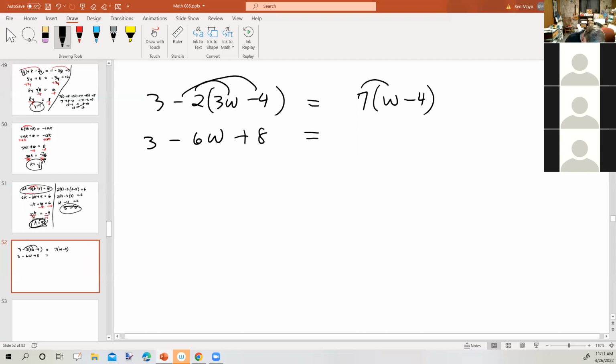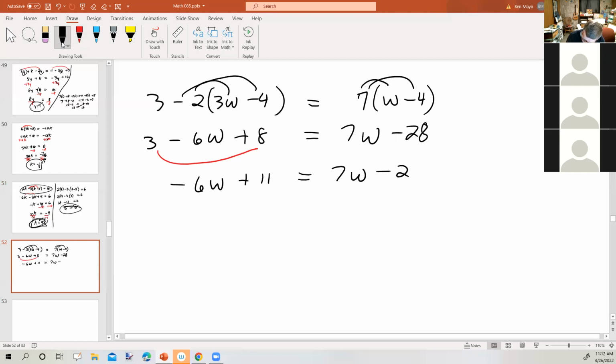On the right side of the equation, distributing the 7, 7W minus 28. We're going to go back to the left side and combine like terms. Negative 6W plus 11 equals 7W minus 28.